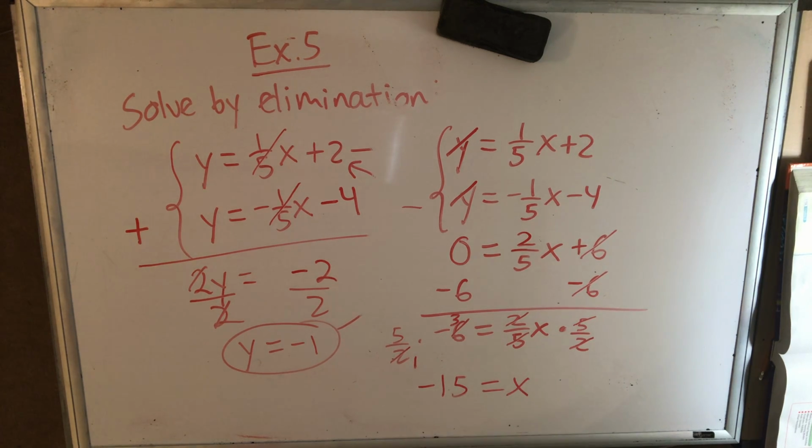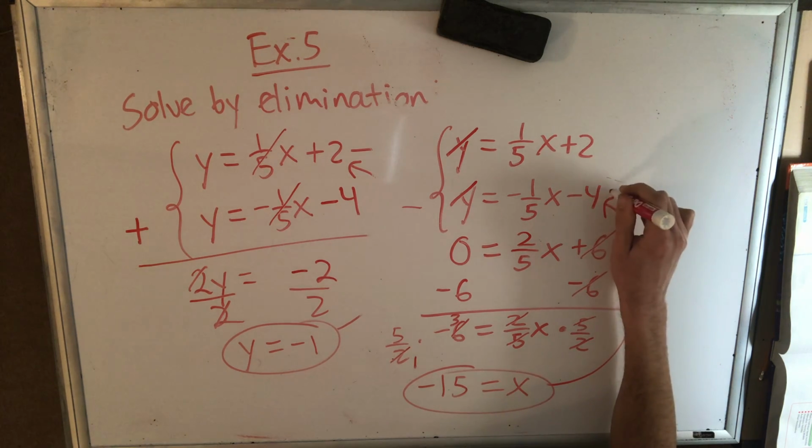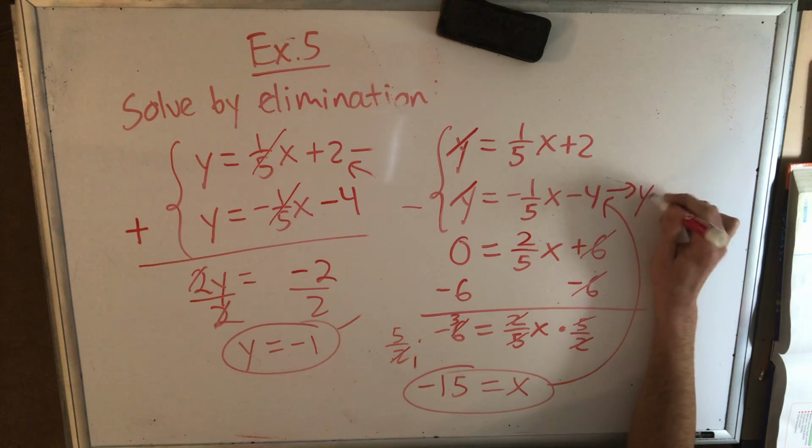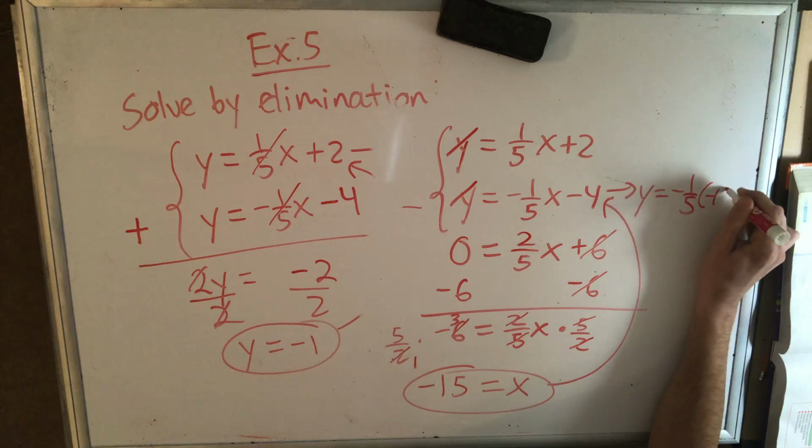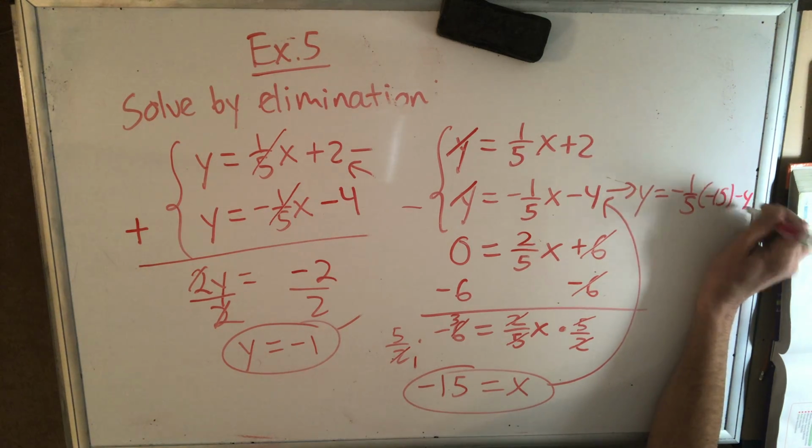So x equals negative 15, just like we obtained before. And then to find y, substitute in negative 15 for x in either of the equations. I'm going to substitute it into the bottom equation this time to get y equals negative 1/5 times negative 15 minus 4.